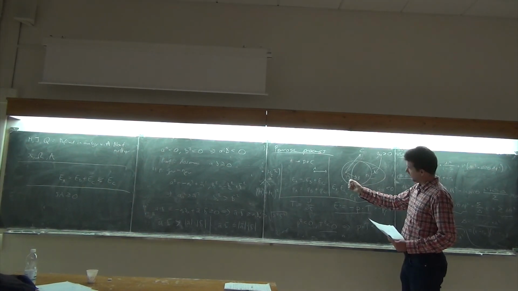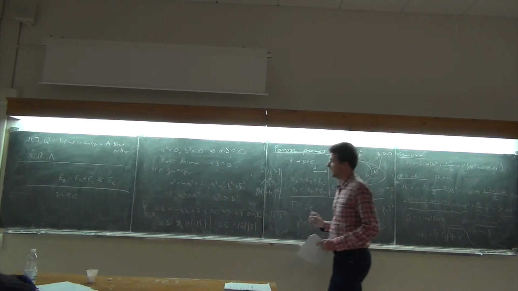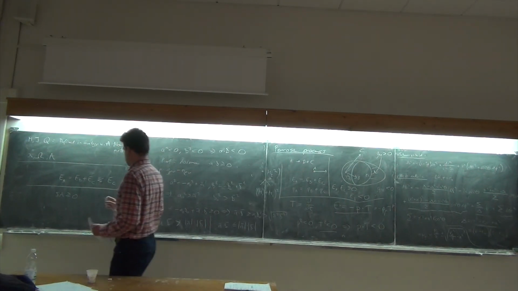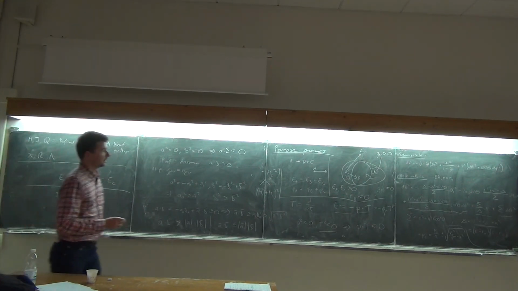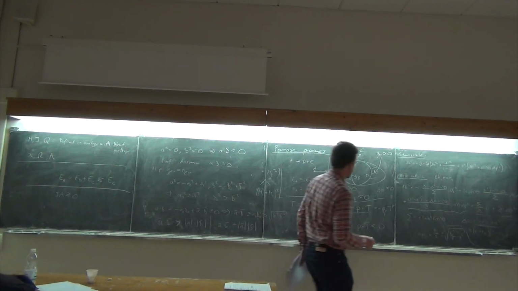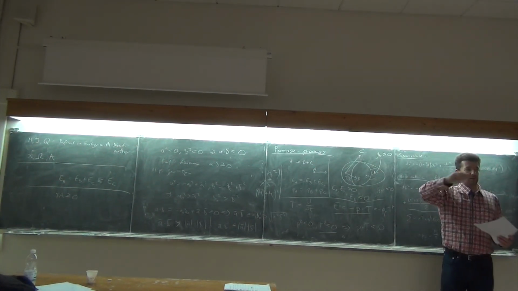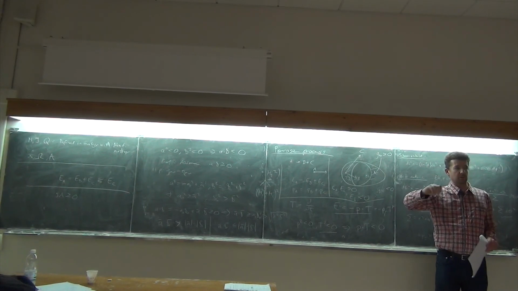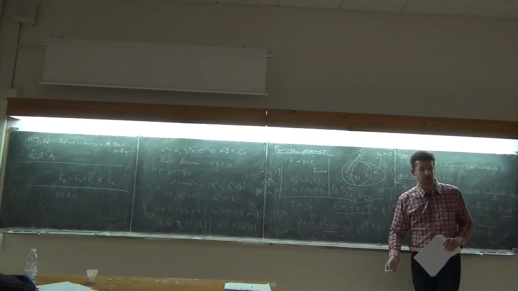What else? Something else I wanted to say. Also, a way to understand this is that doing this process actually makes the black hole rotate less. I mean, the angular momentum goes down in the black hole you have after the process.